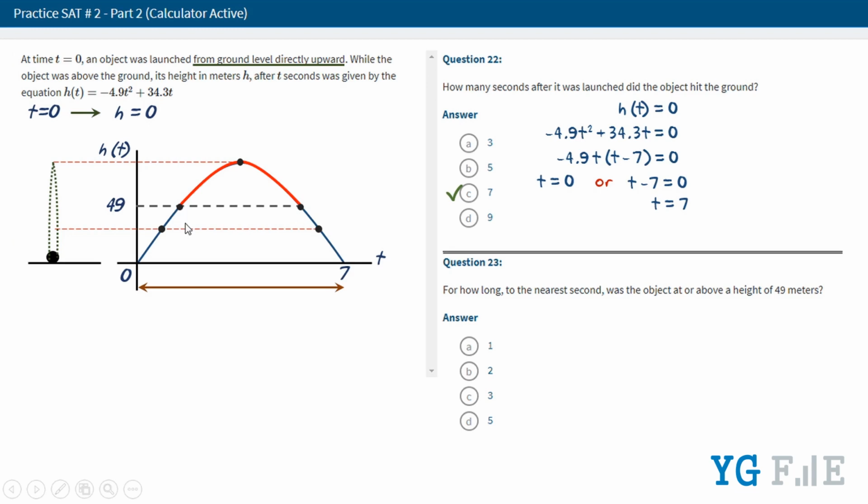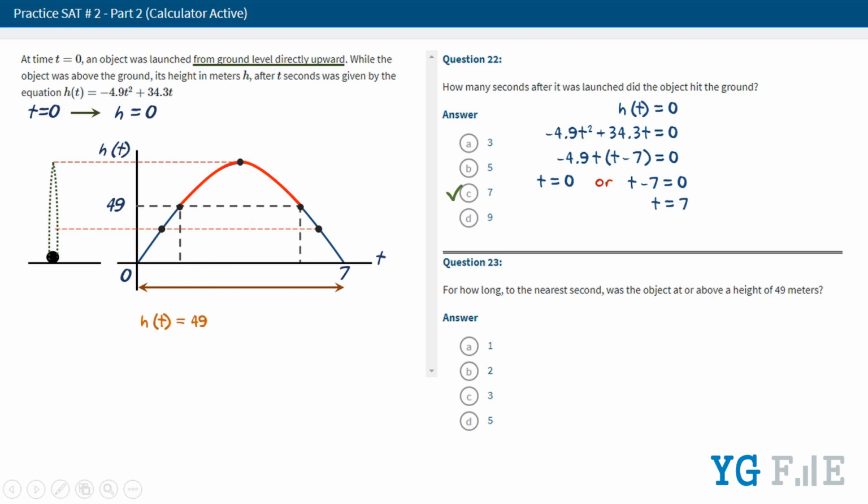Between these 2 points, the height of the object will be above 49 meters. So if we want to know the duration when the object is at a height of 49 meters or above, we can find when the height of the object is 49 meters. So let's say this is the first point and this is the second point. We just need to find the t values when the object reaches a height of 49 meters.